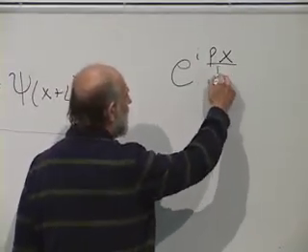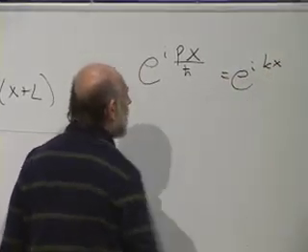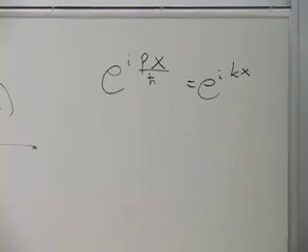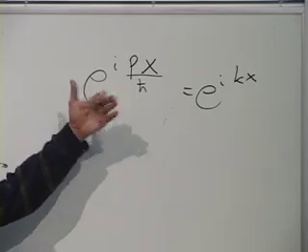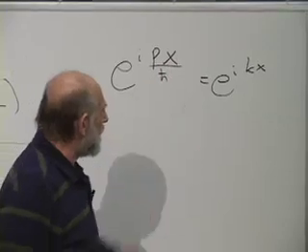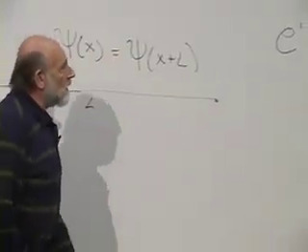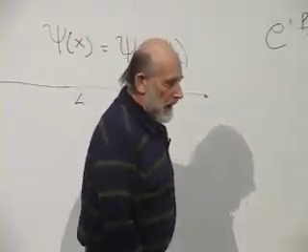We often call that e to the i kx. k is just momentum divided by h bar. I think I'll use the k notation. Or you can simply work in units where Planck's constant is equal to 1, and then k and p are the same thing. Okay, this is the wave function, but it's not properly normalized.